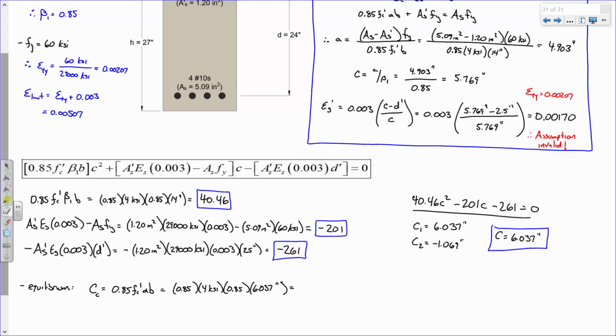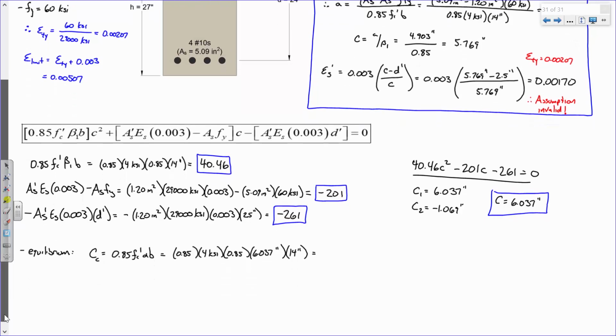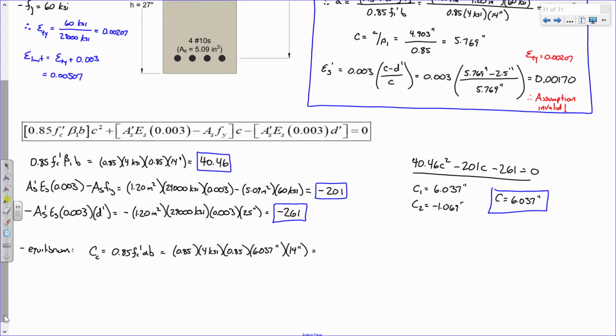Oh, don't forget the b. Oops. Okay, does anybody have a value on that one for me? So if you want, maybe I'll put over here, note a equals beta 1 times c.